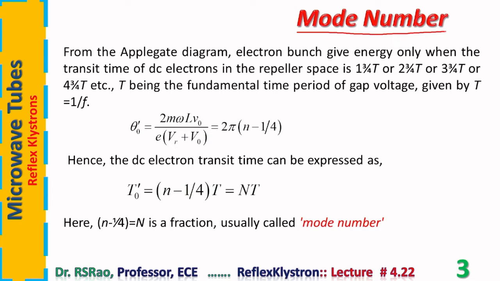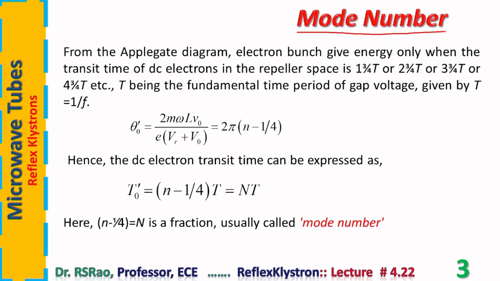The modes are named 1 3/4 mode, 2 3/4 mode, 3 3/4, 4 3/4, etc. It refers to the transit time of the electron in the repeller region. This aspect we noticed while discussing the Applegate diagram.